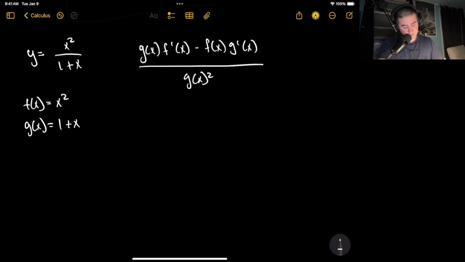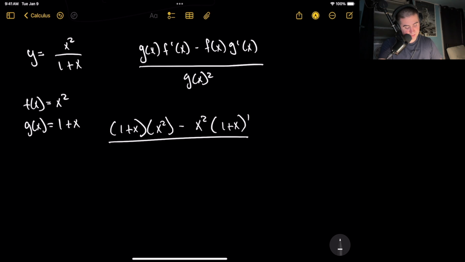So now all we have to do is substitute those into the rule, and we have g of x, so we have 1 plus x times f prime of x, so that's going to be x squared prime, minus x squared times g prime of x, so our g of x was 1 plus x, and we're going to prime that, and then over g of x squared. So we have 1 plus x, squared, in the denominator.